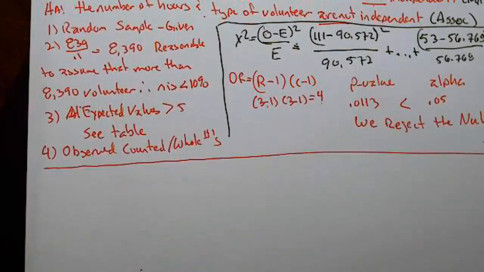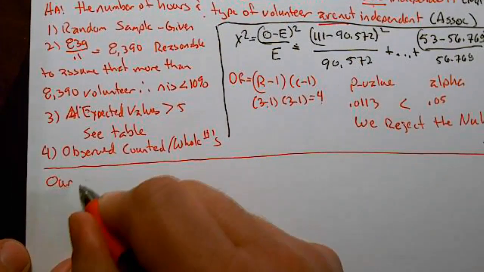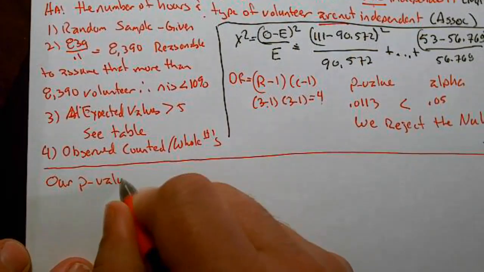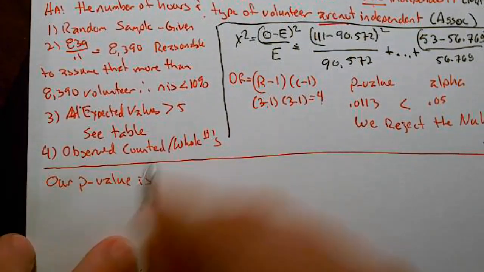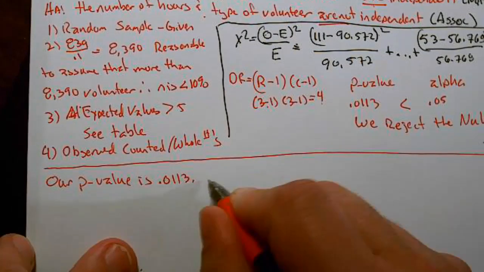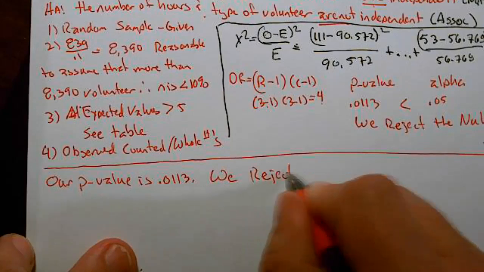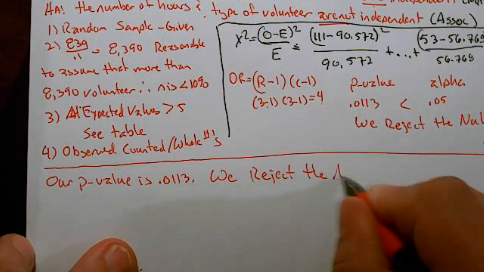So here's our conclusion. Our p-value is 0.0113. We reject the null.